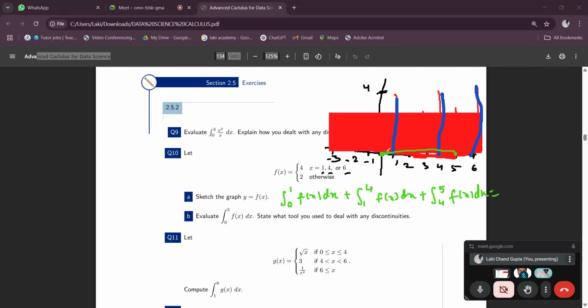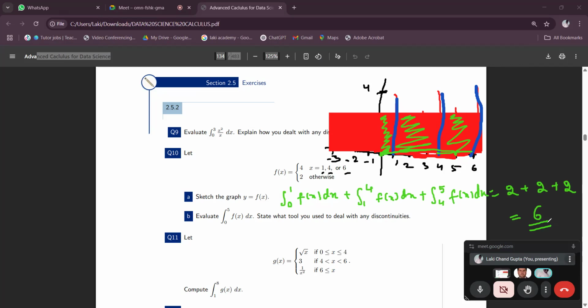From 0 to 1, you can see the function is 2. 1 to 4 is also 2. And from 4 to 5, you will get 6. Because at points 1, 4, and 6, the function is discontinuous, right?